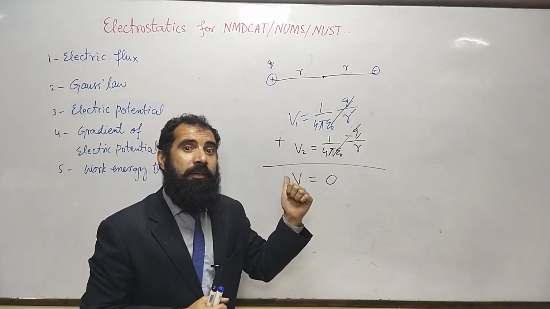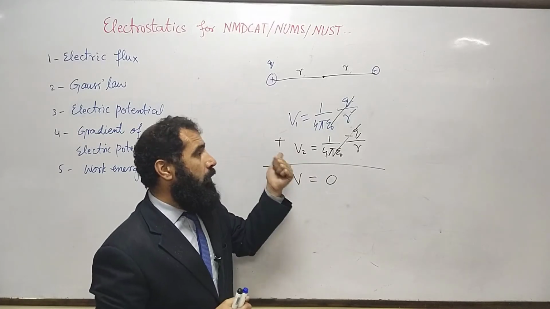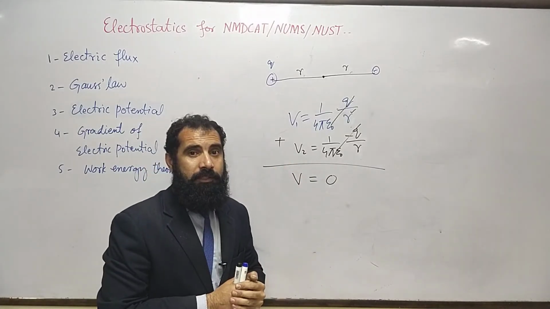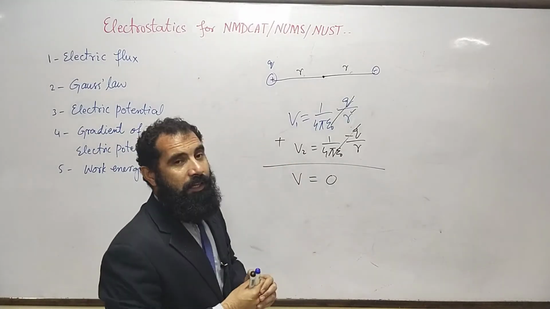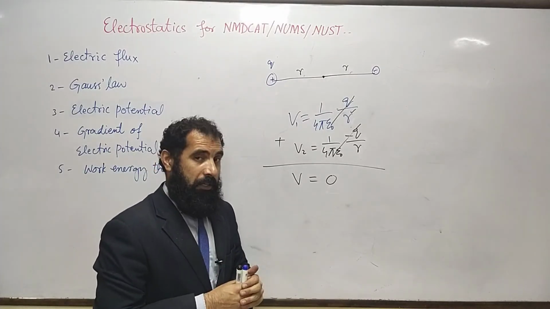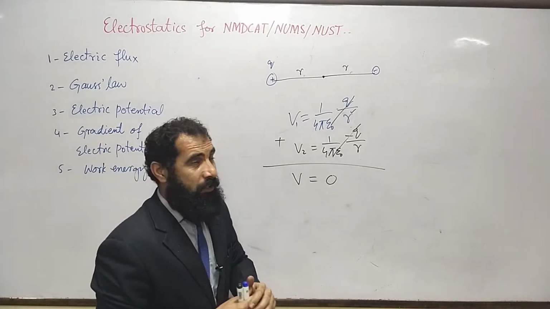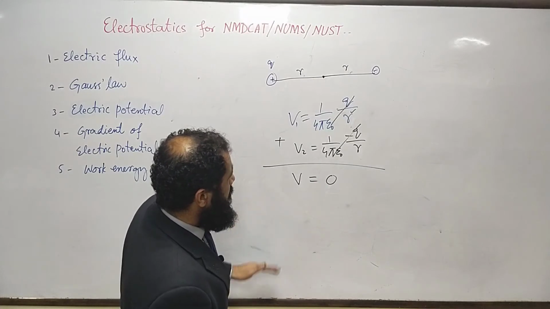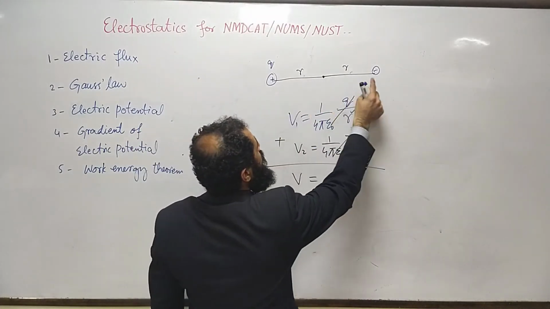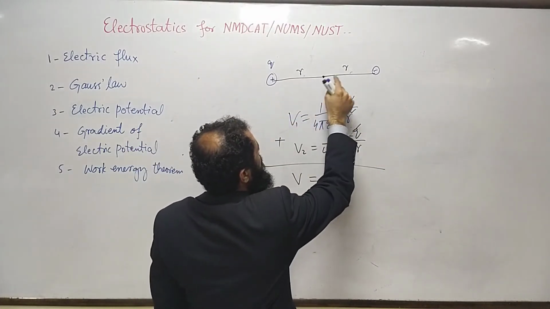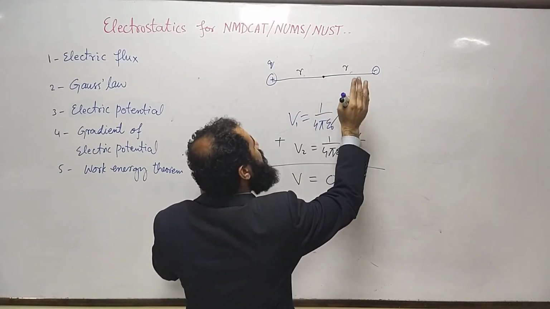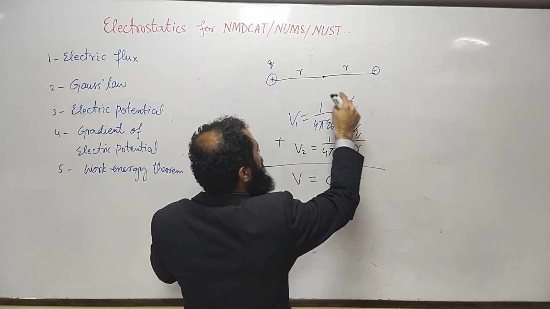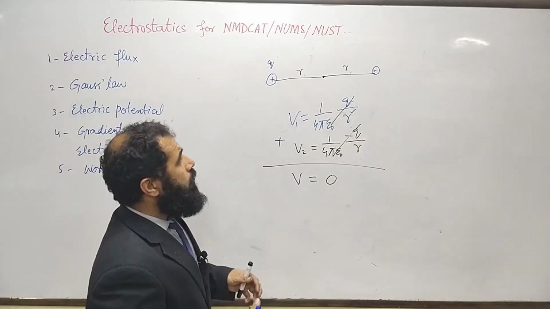Because charges obey the additive property, and we always add them algebraically because they may be positive, they may be negative. So electric potential, because of two oppositely charged particles having the same magnitude of charge, right in the middle is 0.